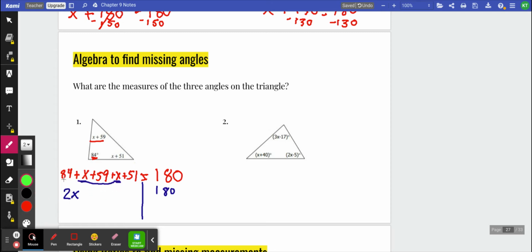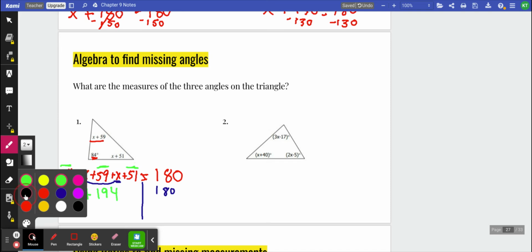And then my values, I have 84, 59, and 51. So if we add together 84 plus 59 plus 51, we should get 194. So I have 2x plus 194 equals 180.